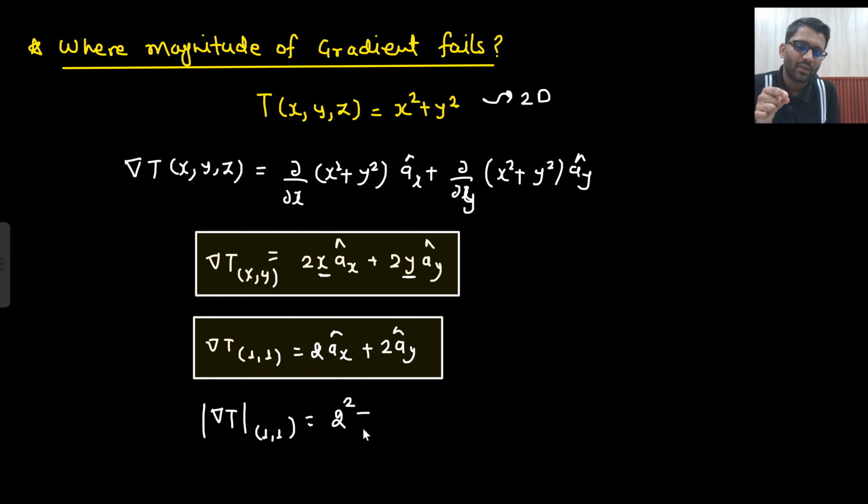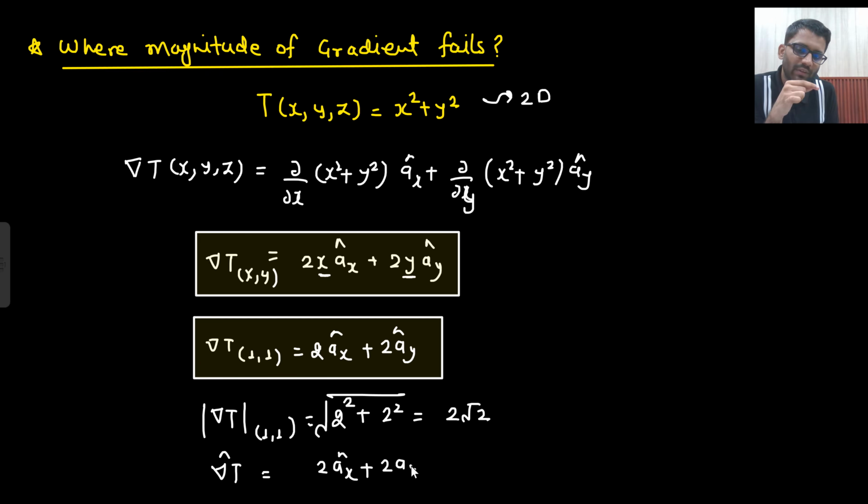The magnitude will be 2 square plus 2 square, and then under root, so 2 root 2. And what is the direction? For direction you need to calculate the unit vector. That will be 2ax cap plus 2ay cap divided by 2 root 2. So what I am getting: ax cap plus ay cap divided by root 2.